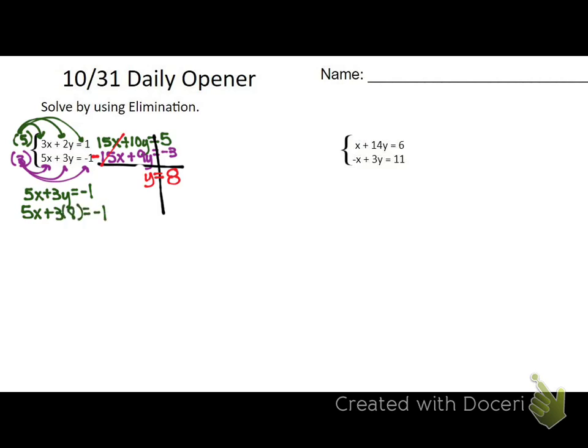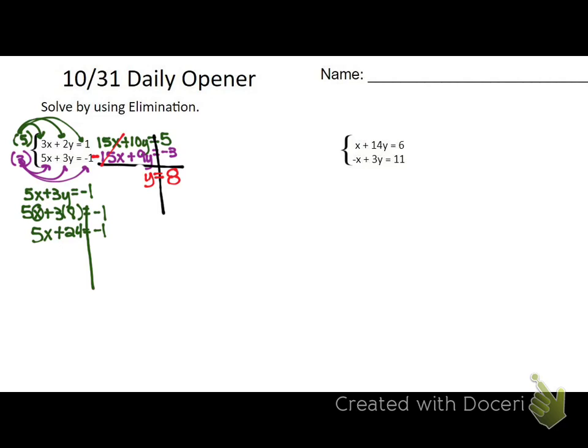Okay, so now I'm solving for the variable x. 3 times 8 is 24. Okay, so I have 5x plus 24 equals... What do you do?